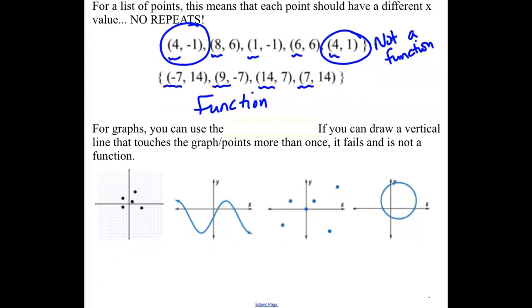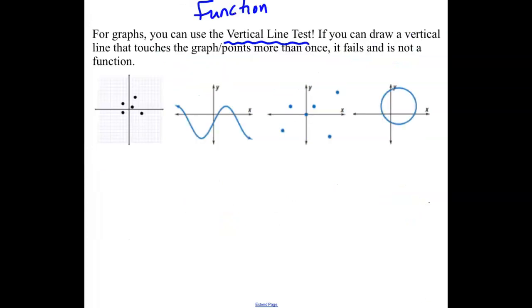If we have a graph instead of individual points listed, we can use something called the vertical line test. You might want to highlight this. This is an important vertical line test. It determines if something is a function. So what we do is we look at a vertical line that goes through our graph. It cannot touch more than one point at a time. So if you draw a vertical line and it hits two different points on your graph, then it's not a function.